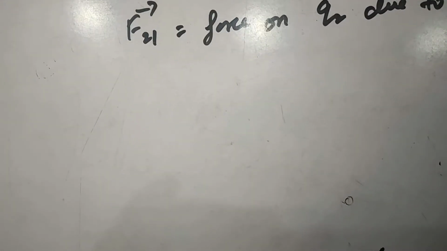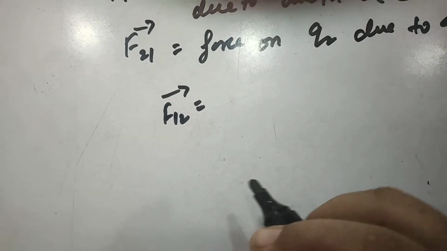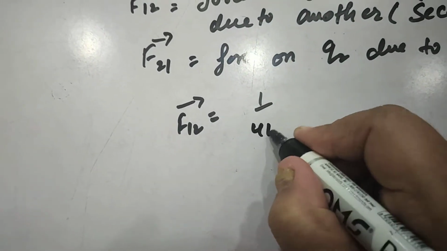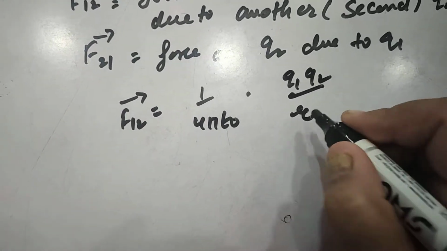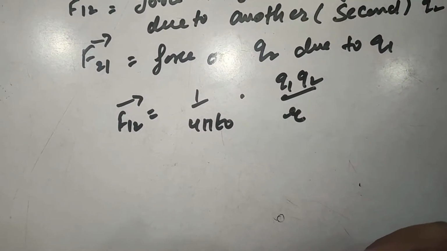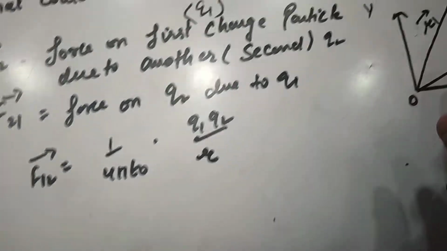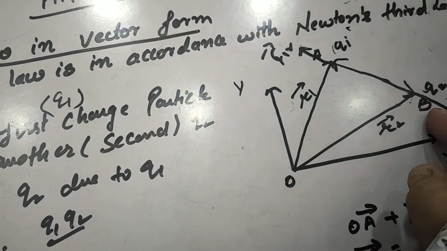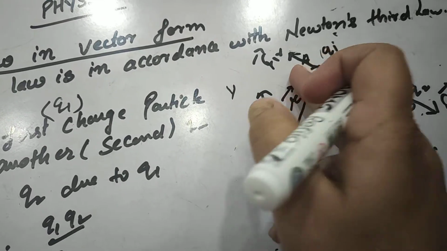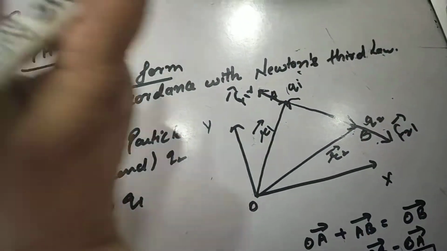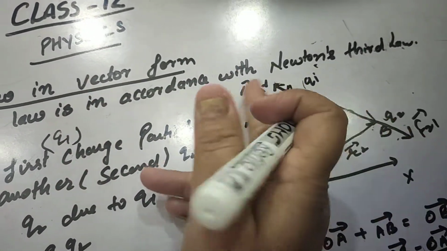Now using Coulomb's law, we can write F12 vector is equal to 1 upon 4 pi epsilon naught Q1 Q2 by r21 squared, and to keep in mind, F12 is the force on 1 due to 2, and 2 is repelling it in this direction, along r21.